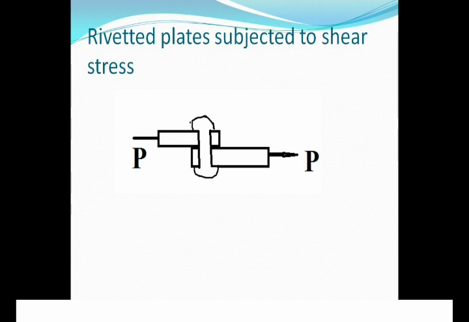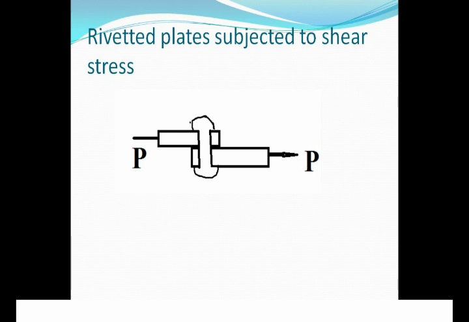What is the effect of this? This will try to shear the element at the interface of the two plates. That is called the shearing stress. Now in this we have to see what is the effect of the shear stress that is acting on the rivet.